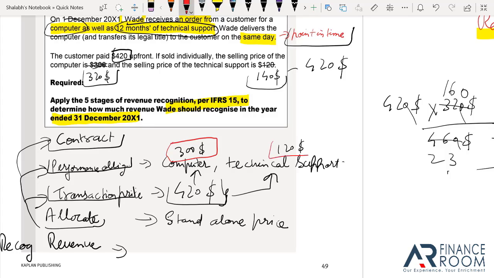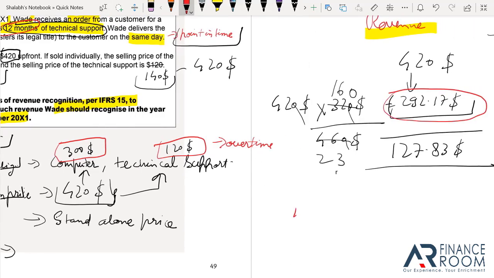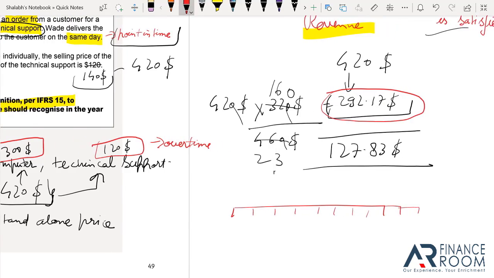But then this technical support is getting delivered on a monthly basis. This is over time. So with every passing month, you shall be recognizing a part of that as revenue, because you are satisfying the performance obligation. You are fulfilling your promise on a monthly basis. Simple as that. Let's just say 12 months: 1, 2, 3, 4, 5, 6, 7, 8, 9, 10, 11, 12.